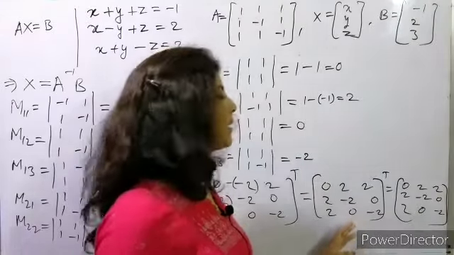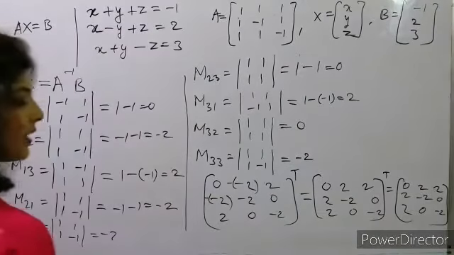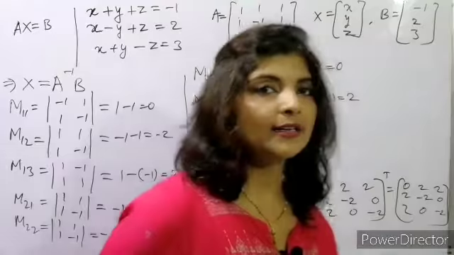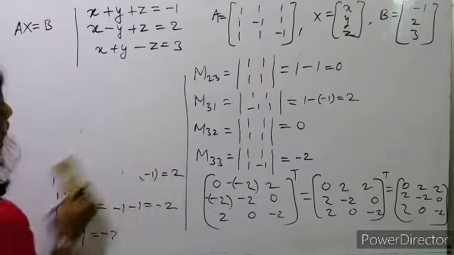Again, this is a symmetric matrix. Okay, so we got the adjoint. We found the transpose, and the transpose of the cofactor matrix is the adjoint. So we got the value of the adjoint.